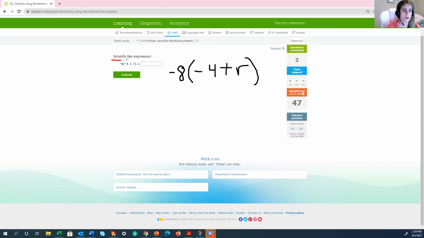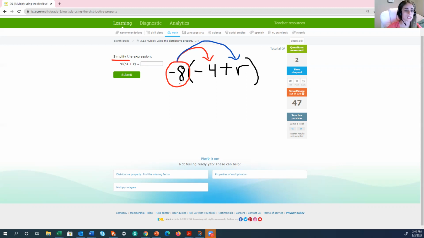And once again, we're being asked to simplify. All right, can I simplify what's inside the parentheses? Nope, -4 and r are not like terms, but I have parentheses with a value being multiplied right outside, so distributive property. We're going to distribute, so multiply that -8 times everything inside the parentheses.